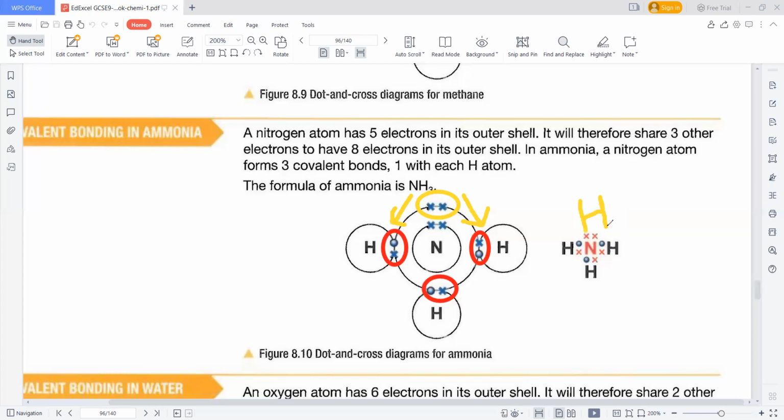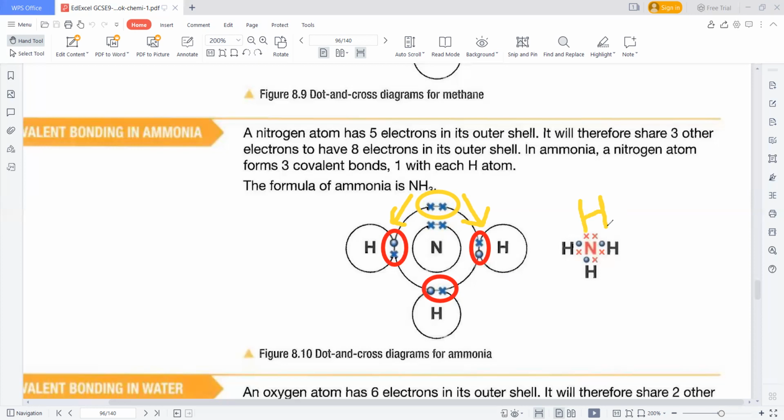See, earlier, in normal bonding, one electron is shared or transferred from each of the elements. But in this case, nitrogen is willing to share both of its electrons to create a bond.